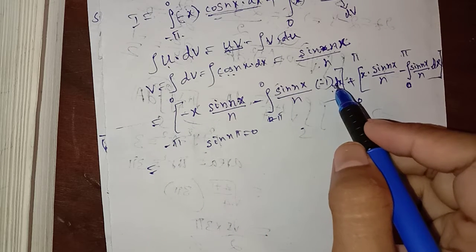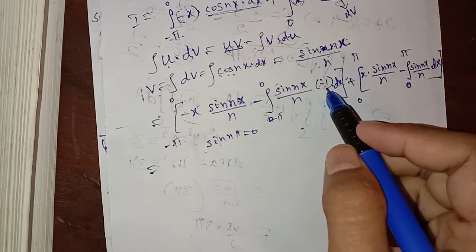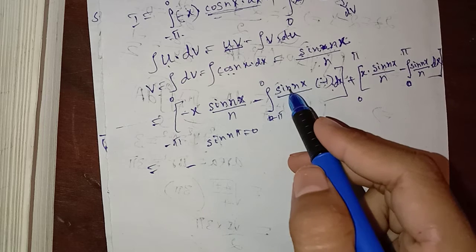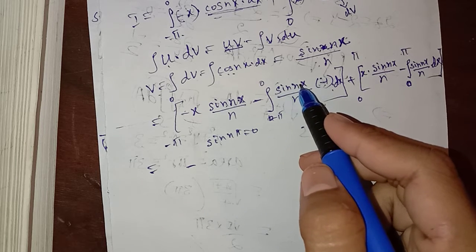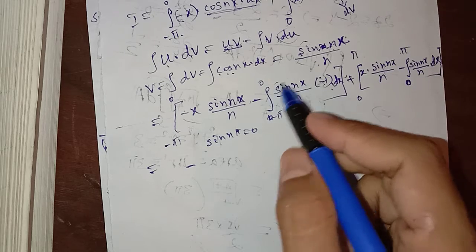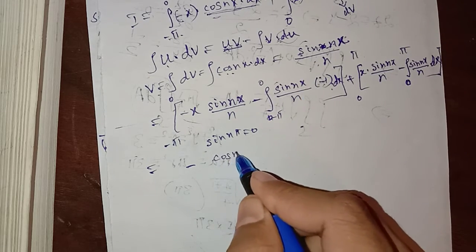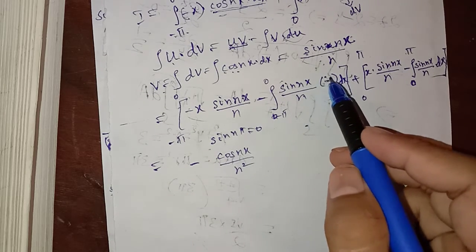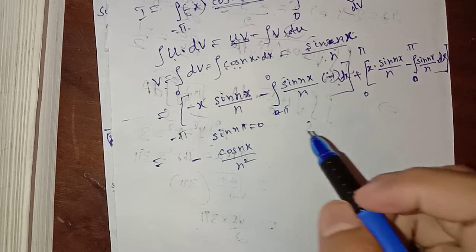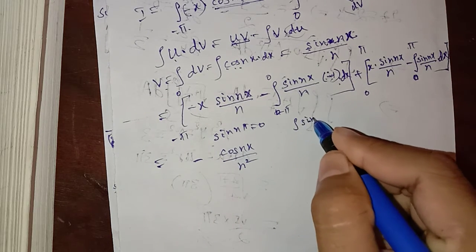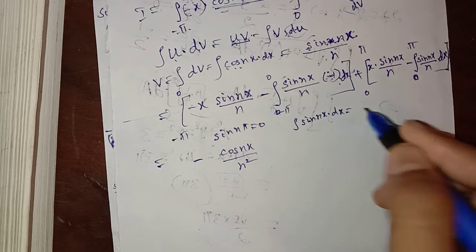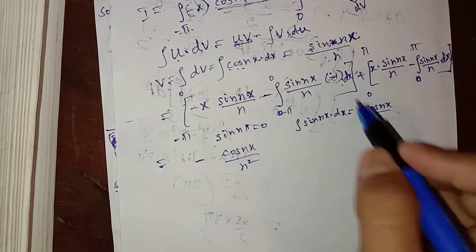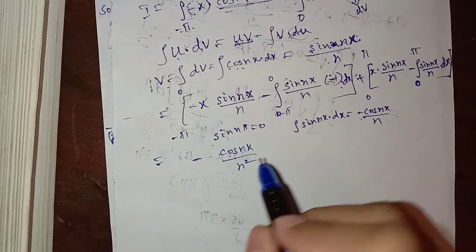Now if we integrate the remaining term, we get minus of the integration of sin nx, which is minus cos nx divided by n. With the 1 by n already there, we get n square. This minus and this minus cancel out, and the remaining minus stays, from minus pi to 0.